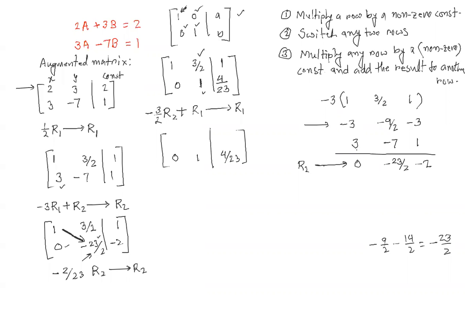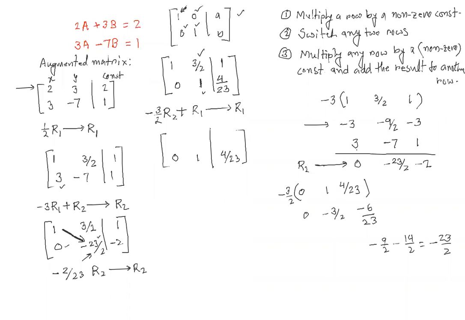So what is the operation? I take row 2, 0, 1, 4/23, and multiply it by -3/2. That's going to give me 0, -3/2. Then -3 times 4/23 is going to be -6/23.